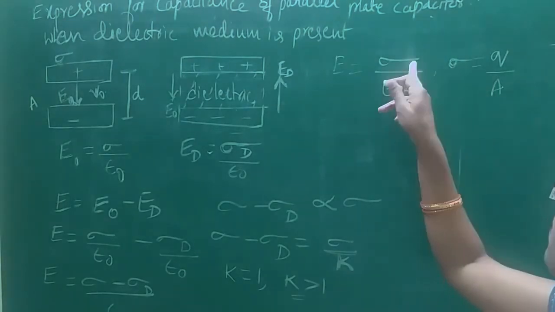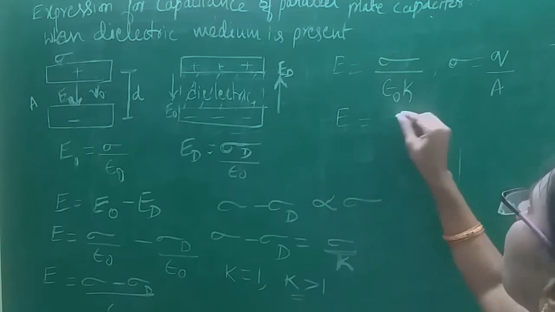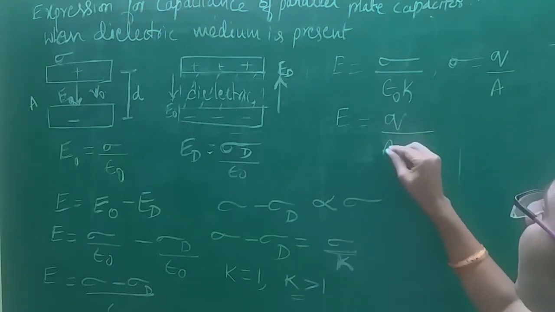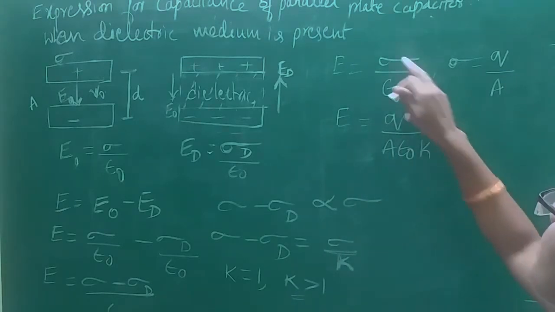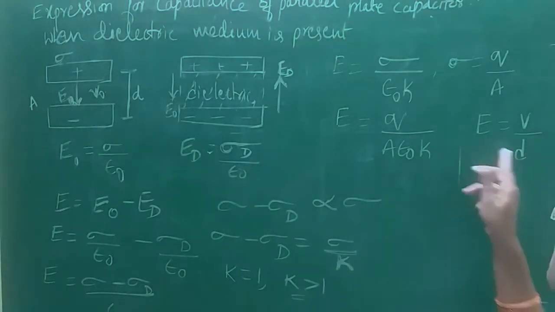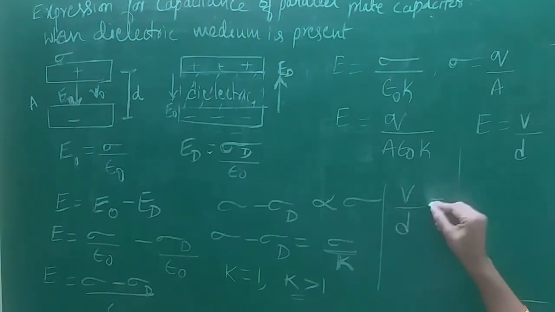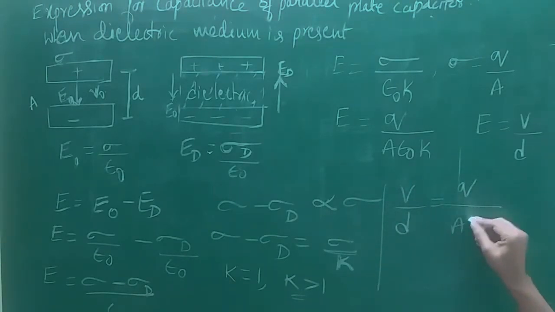Substituting this, we can write E is equal to Q by A epsilon naught K, where in place of sigma I have written Q by A. And we know the relation between the electric field and the potential difference, E is equal to V by D, which I discussed in the last class in the previous derivation. Substituting this, we can write V by D is equal to Q by A epsilon naught K.